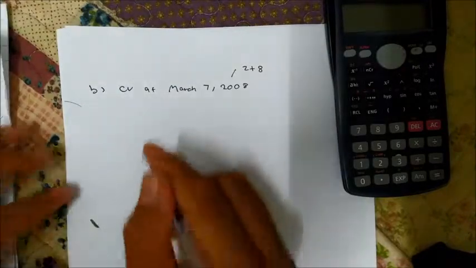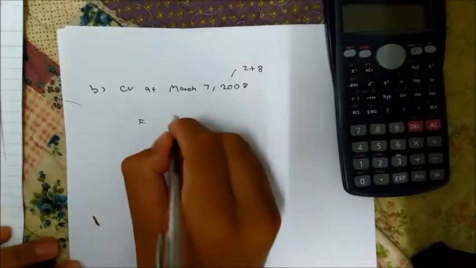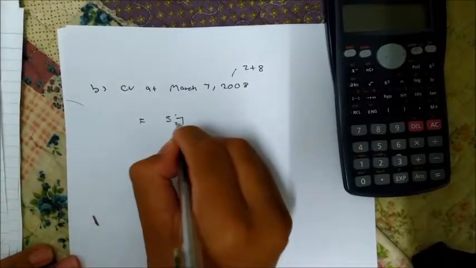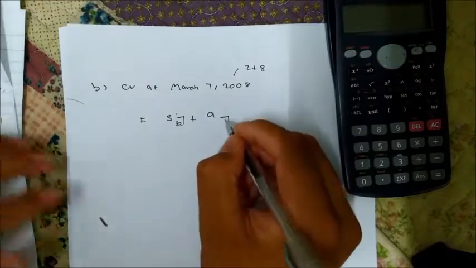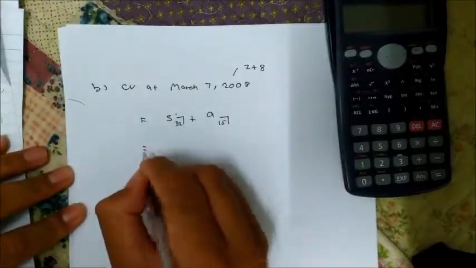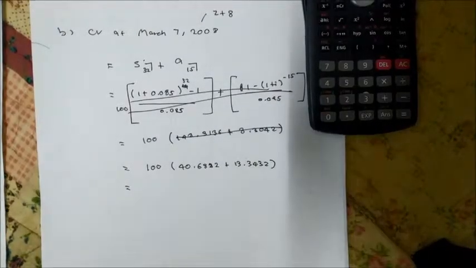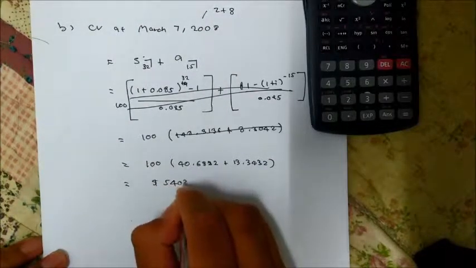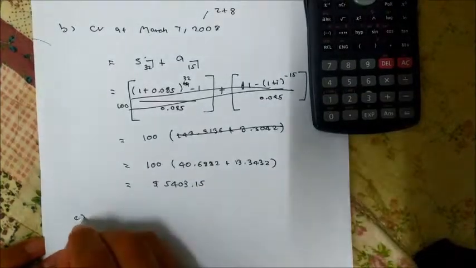So our solution is going to be this, and for B we will get the answer of $5,403.15.